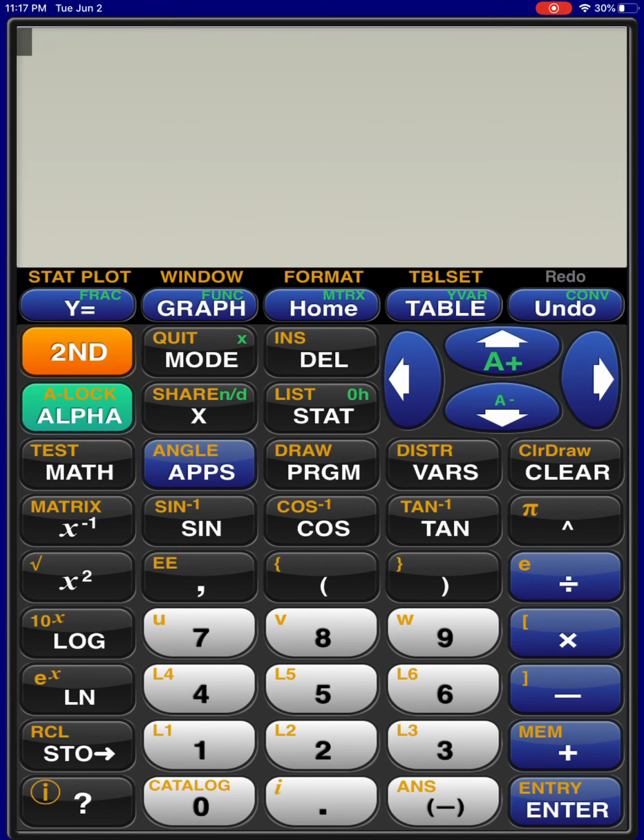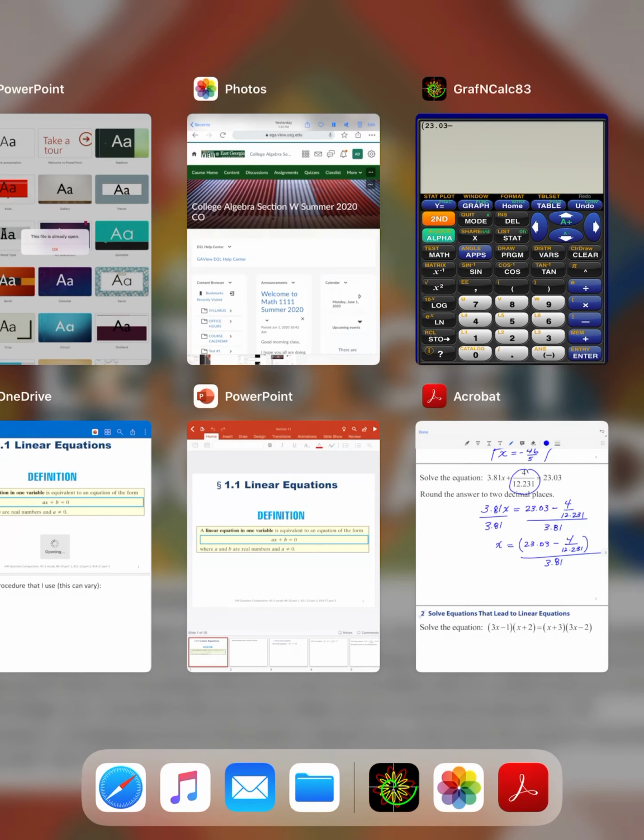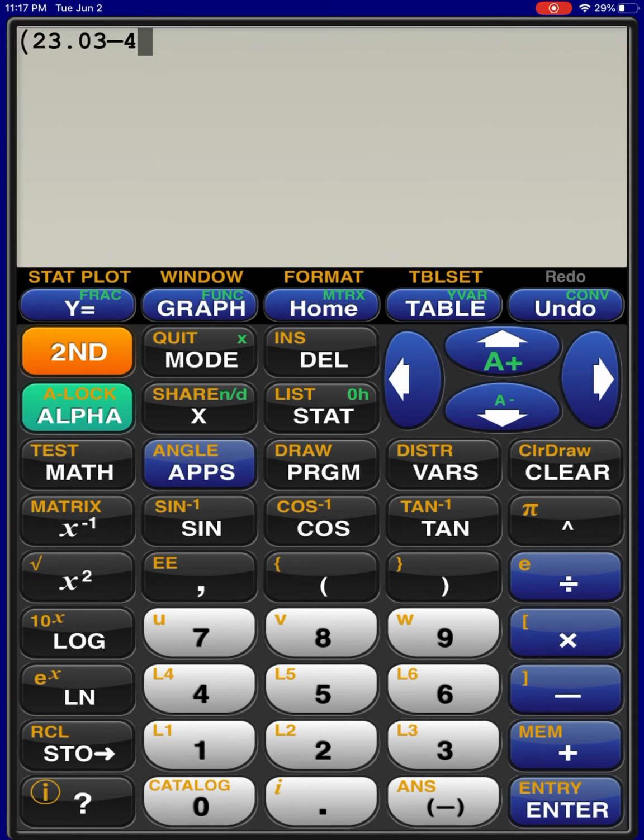23.03. Well, let's put it in parentheses. 23.03 minus 4 divided by 12.231.